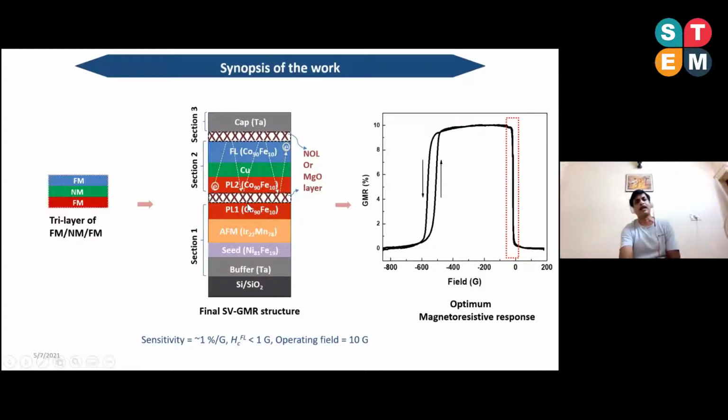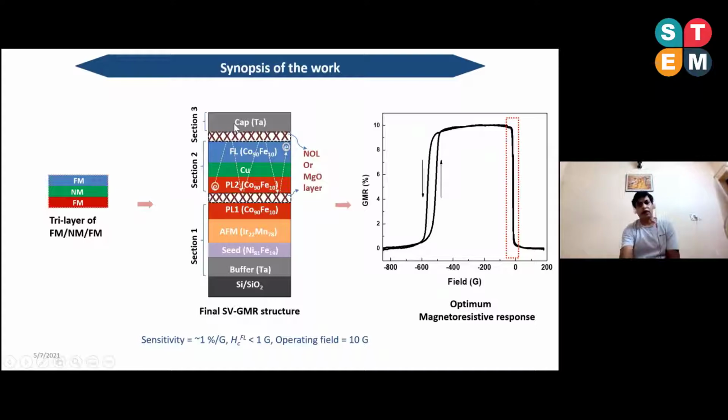When the pinned layer is oxidized, intentionally, we say there is an oxide layer. And then there is another PL2 layer, then copper, which is the spacer layer, and then another cobalt iron magnetic layer. Then again there is oxidation of this cobalt iron, which gives the NOL, and then the cap layer.